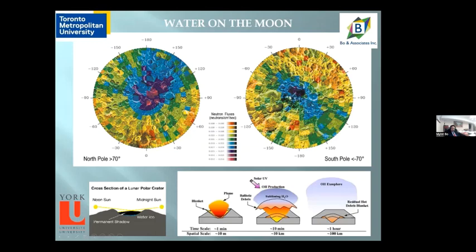Neutron flux indicates the existence of water. I think you may know that nuclear gauges measure moisture content. They have neutron elements that can detect hydrogen and oxygen ions.